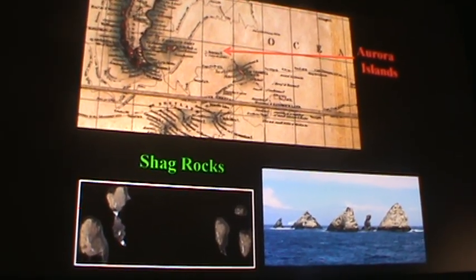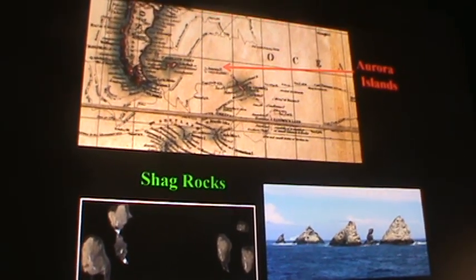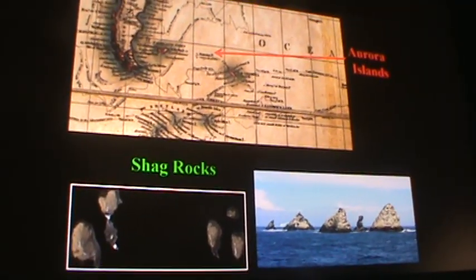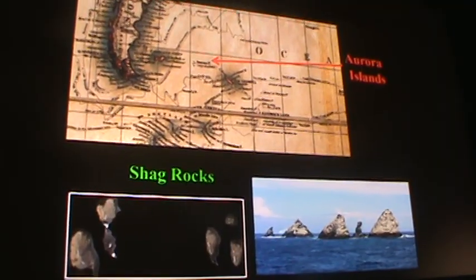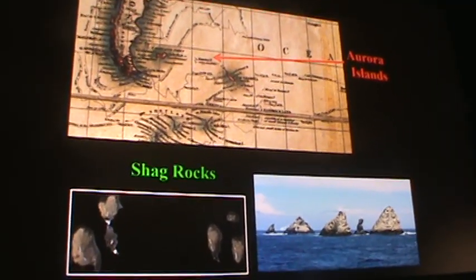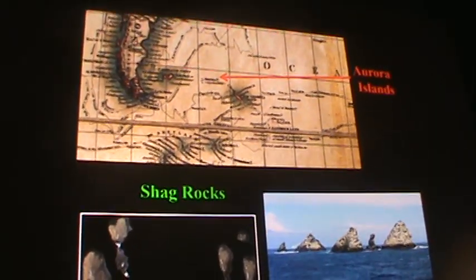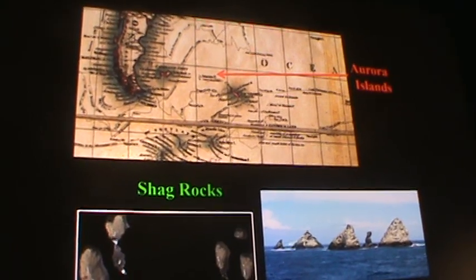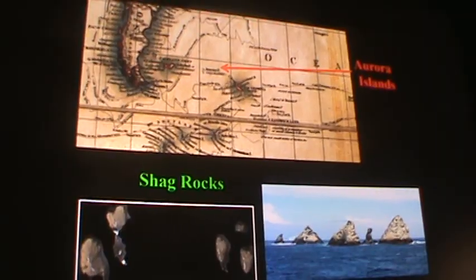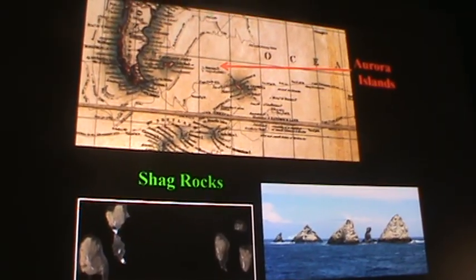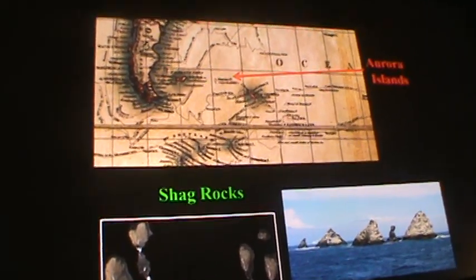The original description of them, by a Spanish frigate, a good navigator, described something much larger, but in roughly the same position. I don't think they've changed much. He might have been fooled by a large accumulation of pack ice around there with the rocks in the middle. So Aurora Islands rather than just Shag Rocks, that's possible.